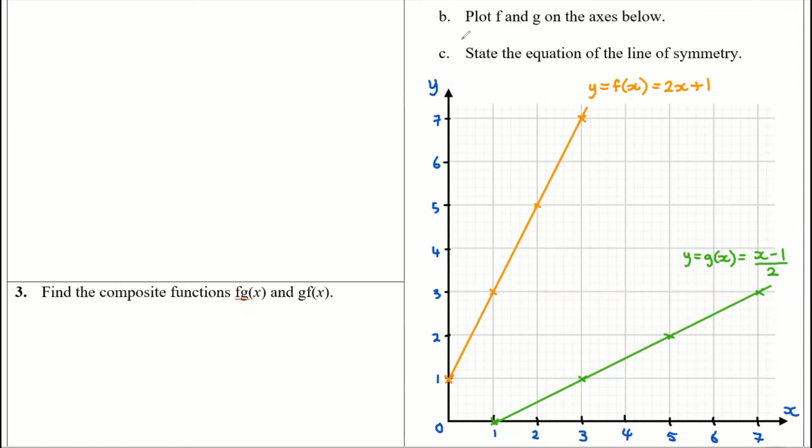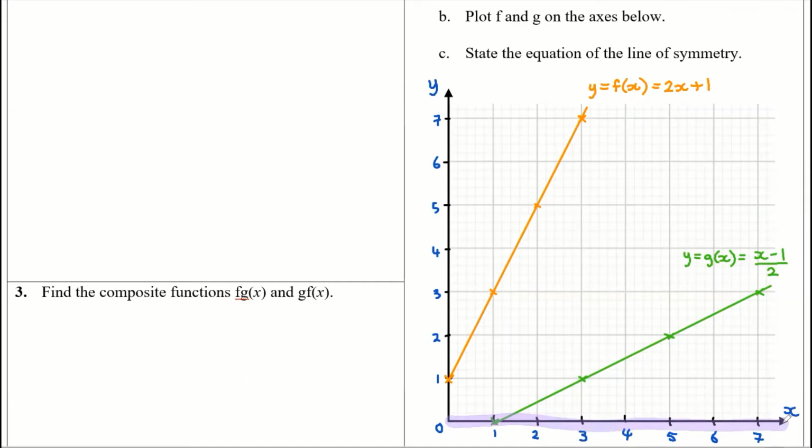But also, if you notice the domains that I specified in question 1, f is defined clearly for all x values greater than or equal to 0. You can see that from here. It starts at the coordinate (0, 1), and it's clearly defined.